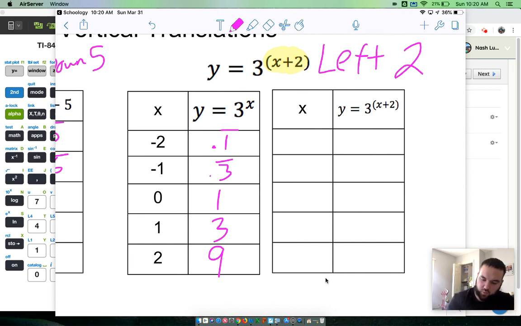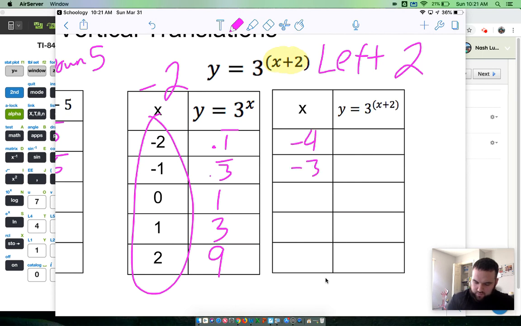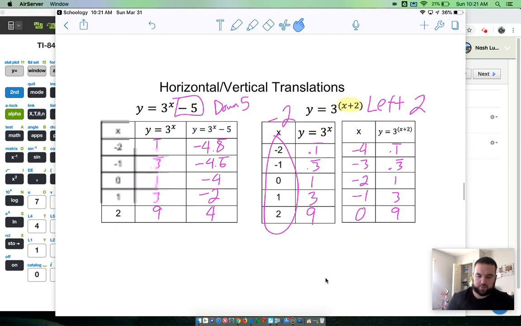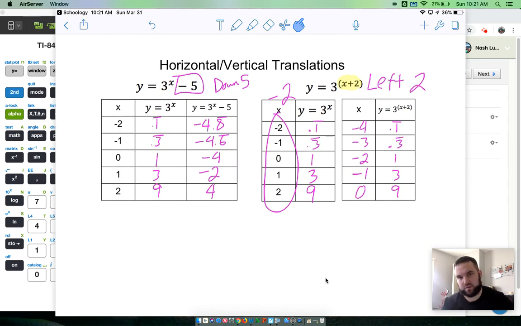So I'm going to take away 2 from all of these values and give me my new x coordinates of negative 4, negative 3, negative 2, negative 1, and 0. And then I'm just going to keep the same y coordinates. So because this function didn't change the y coordinates at all, I keep them the same. And then we just subtract 2 from those x values.